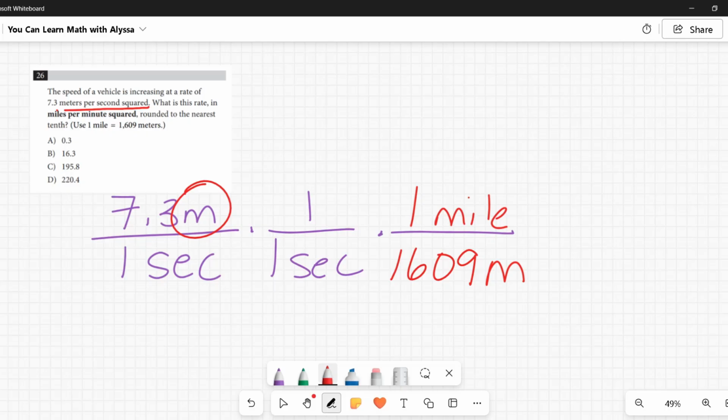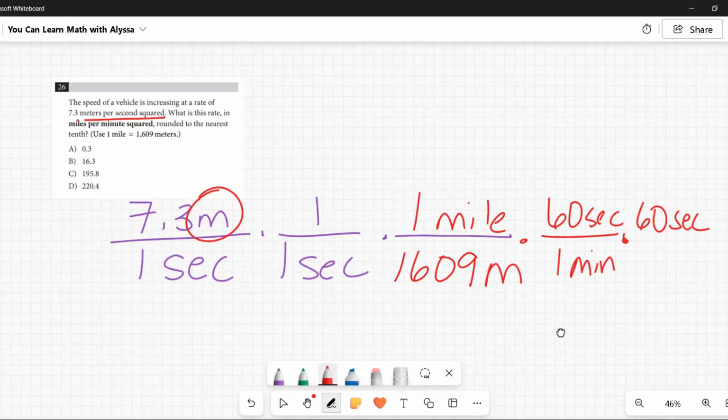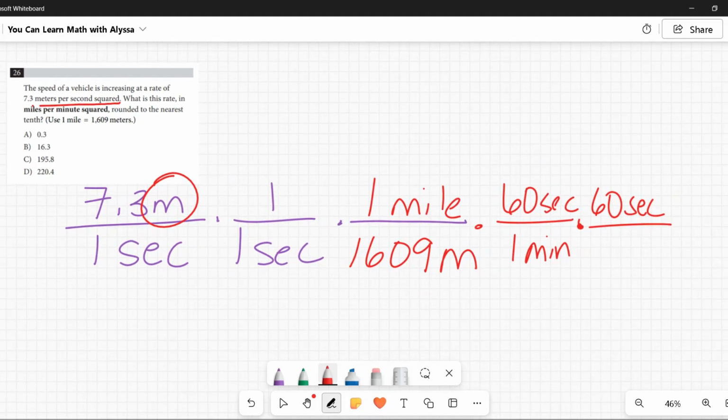Then to get these seconds to disappear and to get minutes squared, I'm going to multiply by saying there are 60 seconds in 1 minute, and again, 60 seconds in 1 minute.